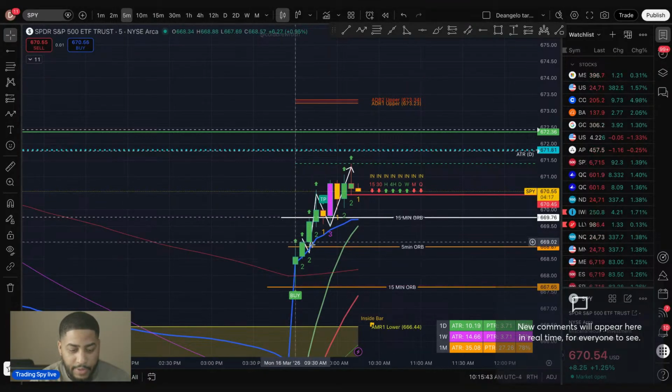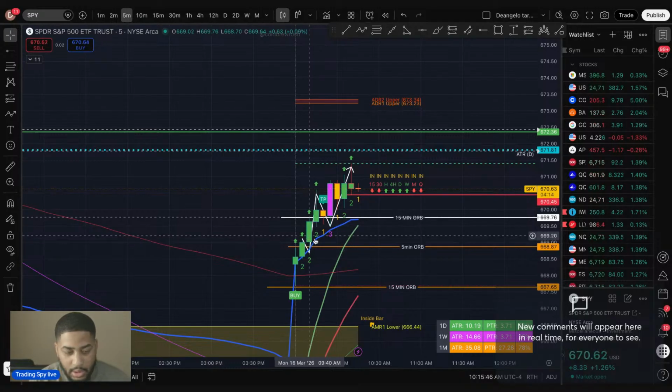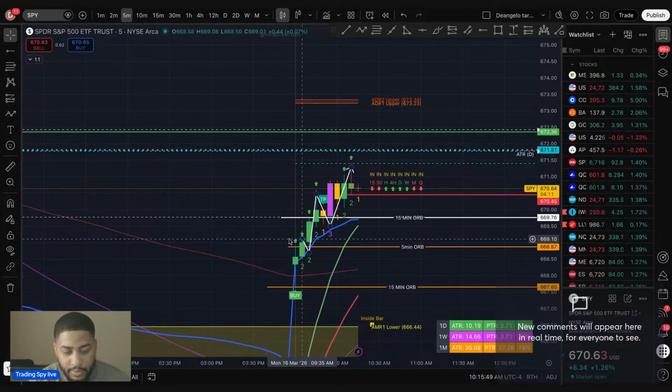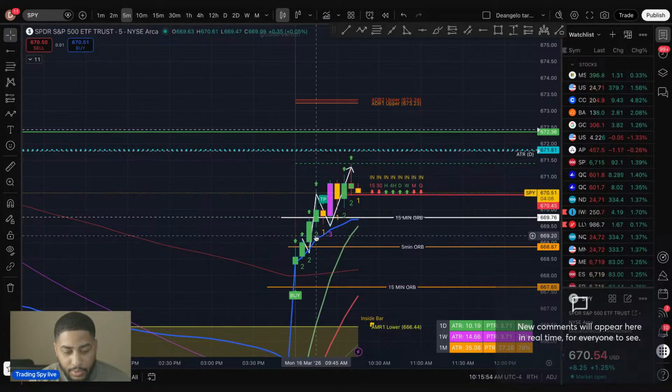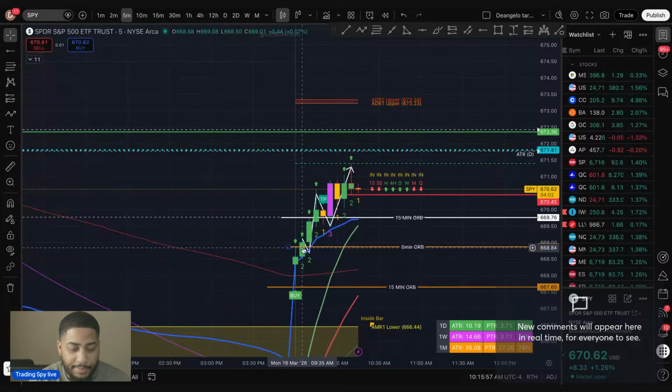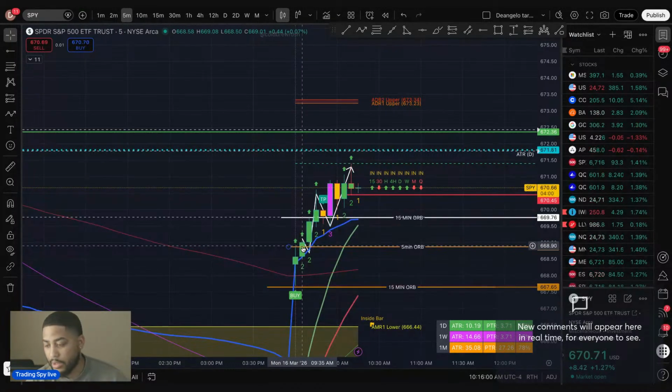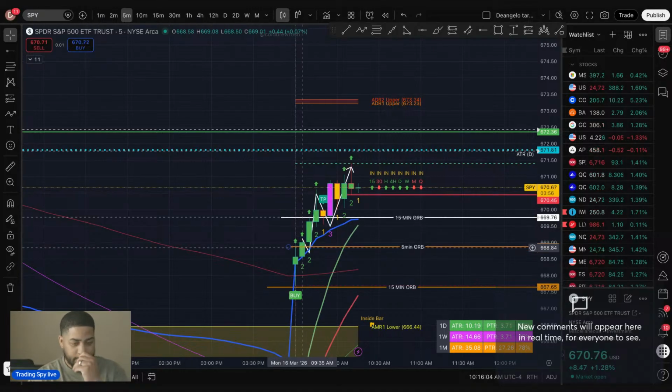But yeah, this first 5 minutes would have been, because as soon as this candle came out of here like this and broke above the high right here on this 5-minute, you would have got calls. You would have been green real fast. Especially after this 5-minute candle closed, you would have been good.